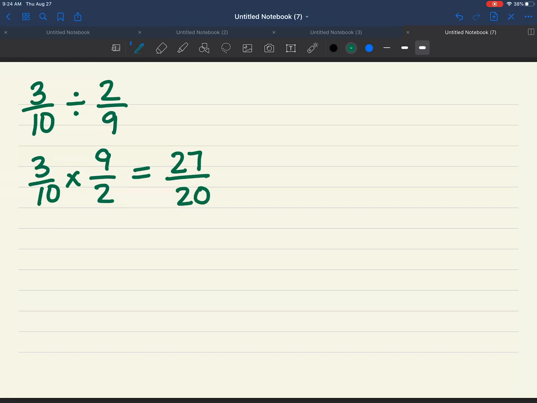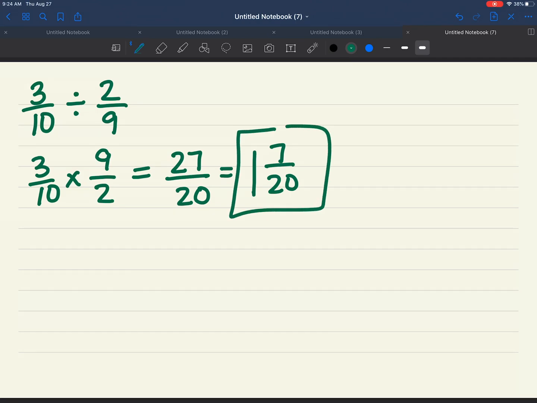Very good. Final answer, yes or no? Why? Gotta make it into a mixed number, can't leave it improper. What would that be as a mixed number? 1 and 7 over 20, right? Because we know 20 goes into 27 one time, and you'd have a remainder of 7, okay? 7 over 20 can't be simplified.